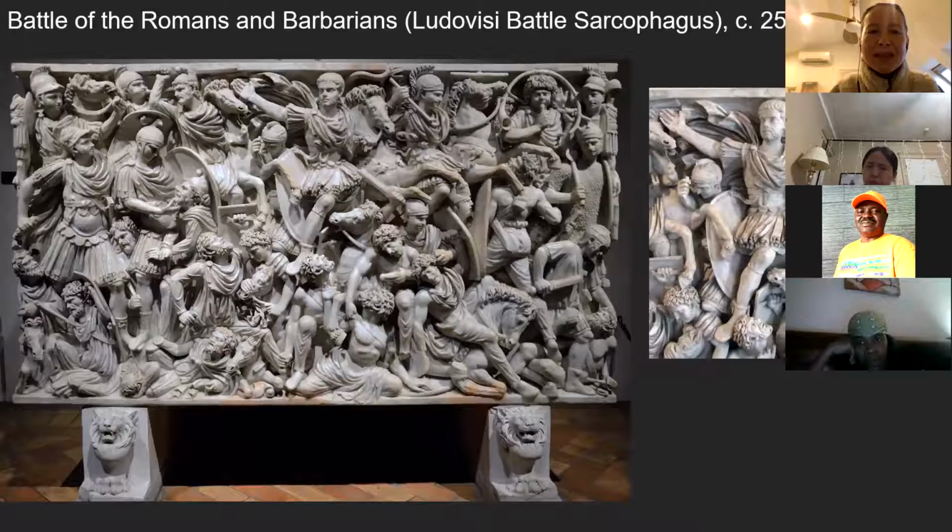So we're looking at the Battle of the Romans and the Barbarians. It's a sarcophagus. Most of the time, Romans were cremated. The bodies were cremated, but sometimes there were people that were buried in sarcophaguses. And here we see a really dense fight that is happening between the Romans, and the Romans are here on horseback.